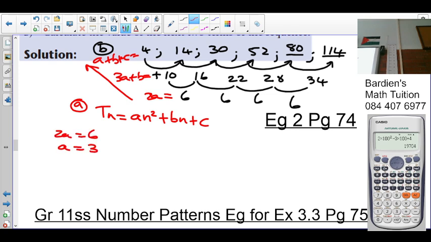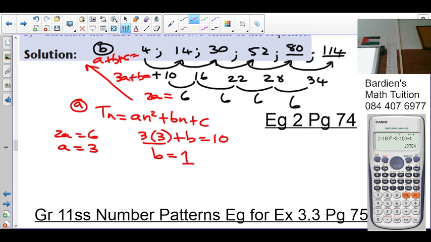So what do I do with that a? I substitute it into the a of the next equation. Not so? So what is it now going to read? 3 times 3 plus b is equal to 10. 3 times 3 is 9, so b works out to be 1.